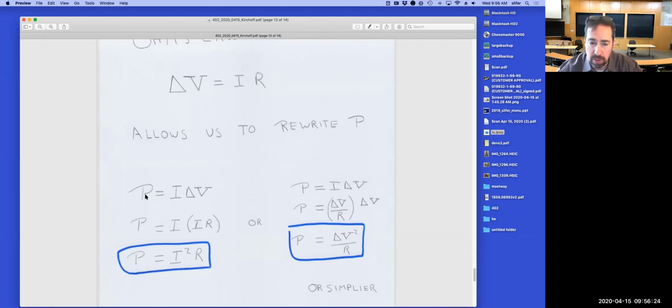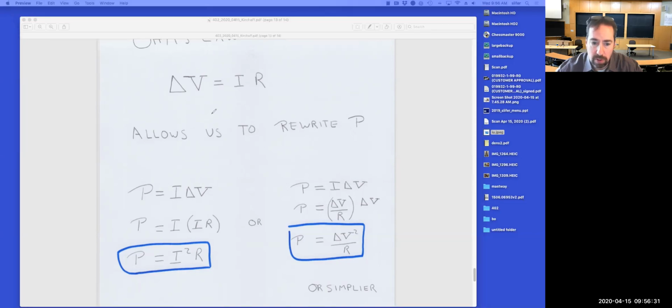So if I have P equals I delta V, and I remember that delta V is equal to IR and I put that in there, then I get a new expression for my power, which is P equals I squared R. The other way is, instead of replacing the delta V, I could replace the I. If I solve this for I, I get I equals delta V over R.